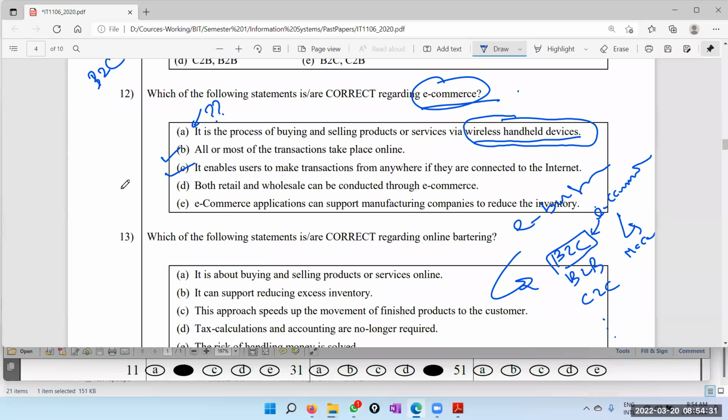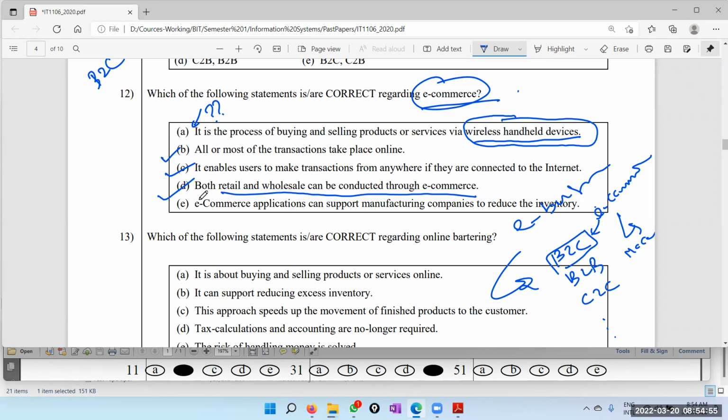Both retail and wholesale can be conducted through e-commerce. Yes, mostly retail, but even wholesale. For example, in China, you have Alibaba and AliExpress. I think one is for wholesale, the other one is retail. Both retail and wholesale can be conducted through e-commerce.